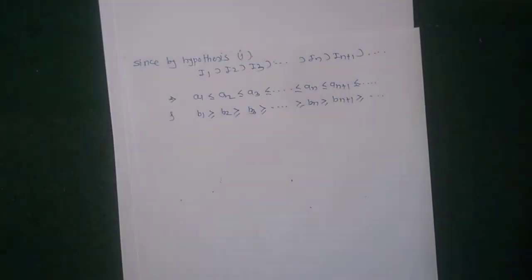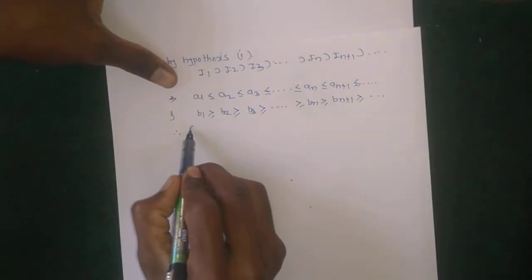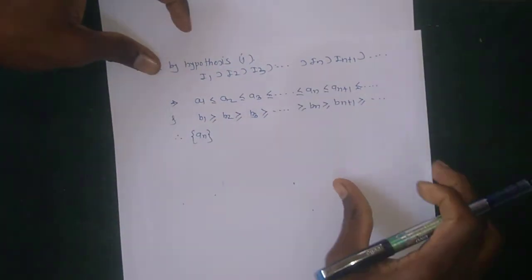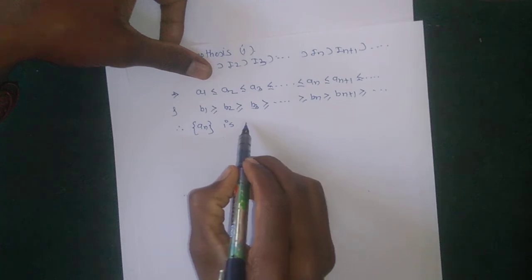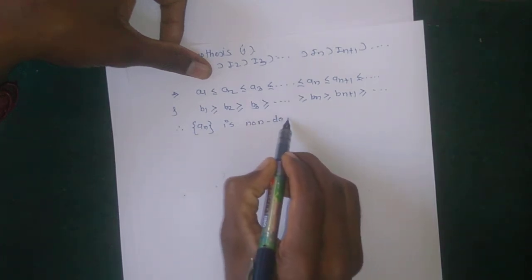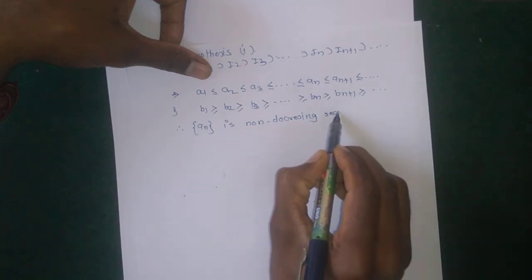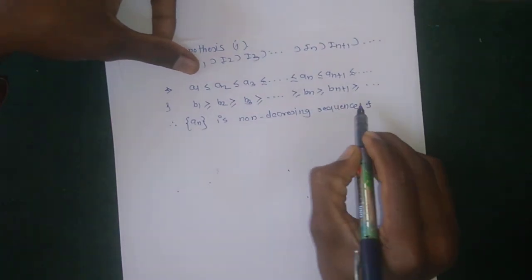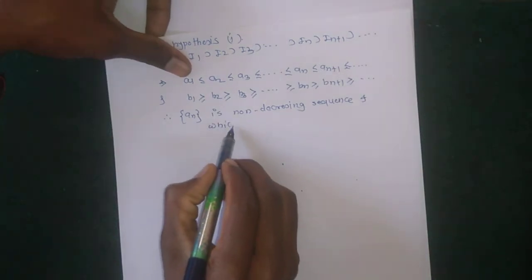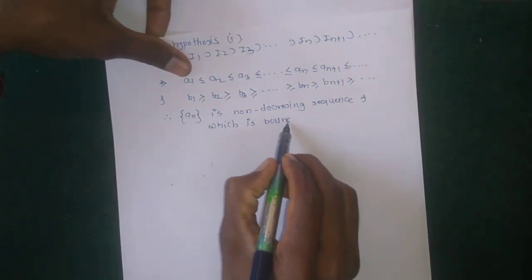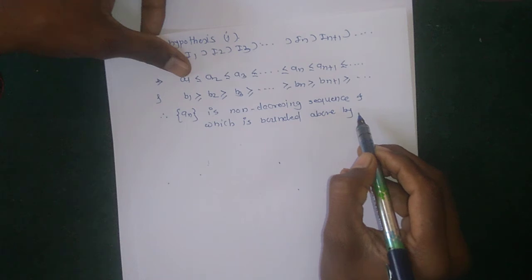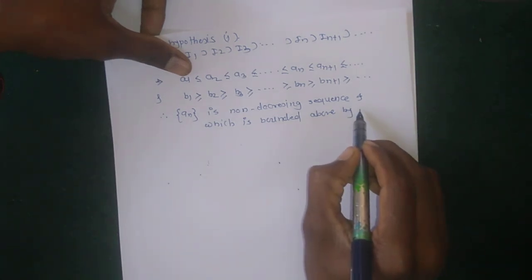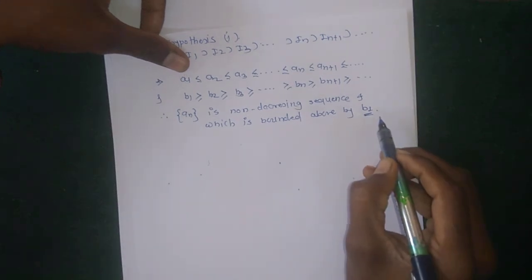So therefore this sequence An is an increasing, or non-decreasing, sequence, and it is bounded above by B1.